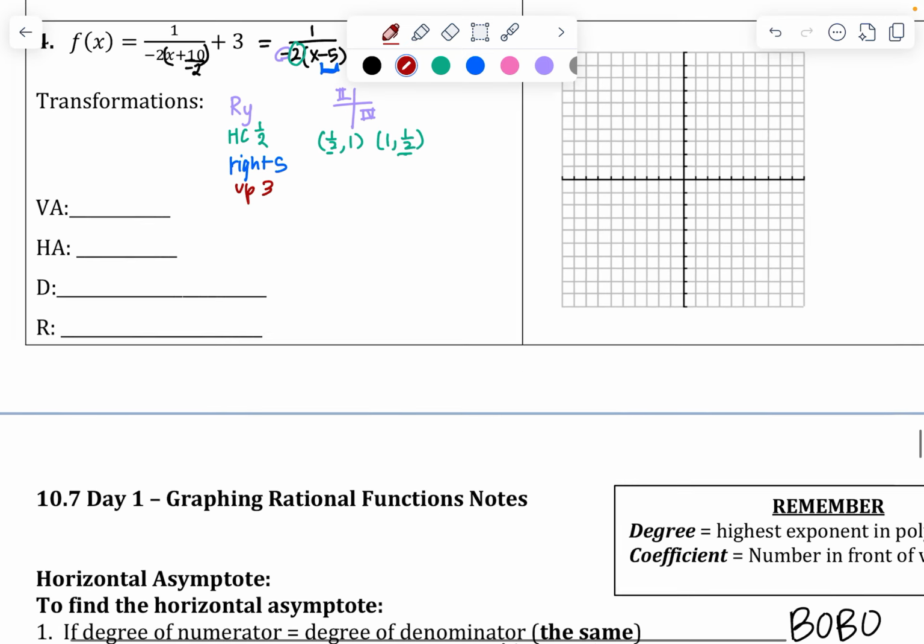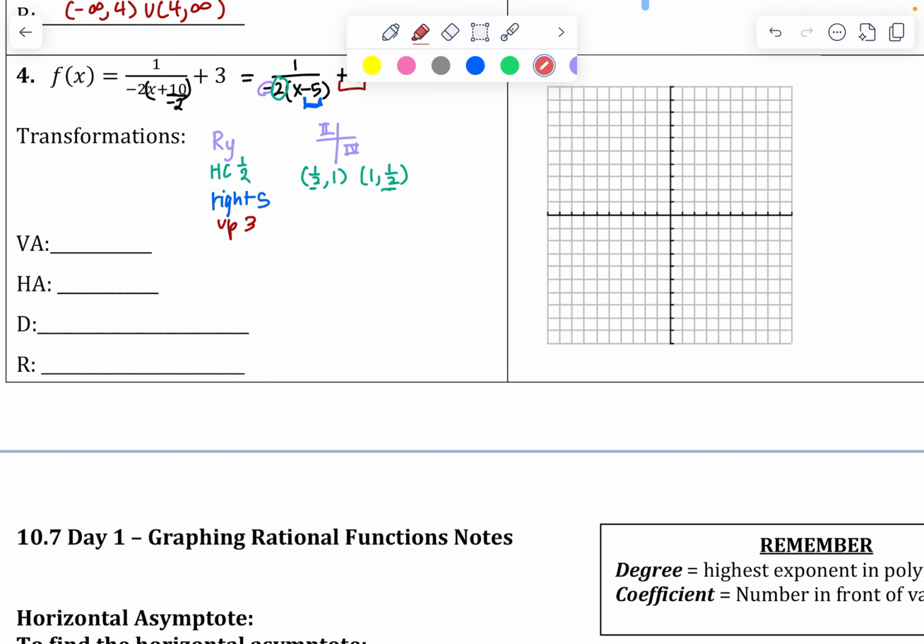Okay, so start with the familiar. Right 5 is going to move the vertical asymptote to x equals 5. And then up 3 is going to move our horizontal asymptote to y equals 3.